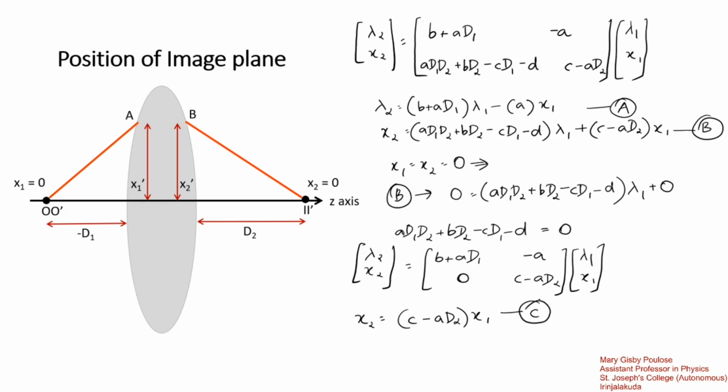Now we use the earlier approximation of the object being a point object only to find this condition for the image plane. Normally we have the object to have a dimension of x, so x1 is not equal to 0 and x2 is not equal to 0.